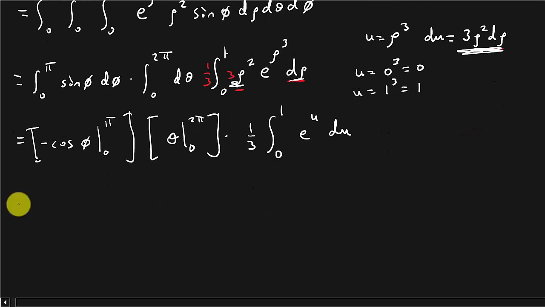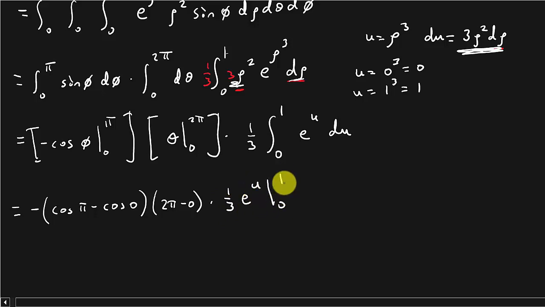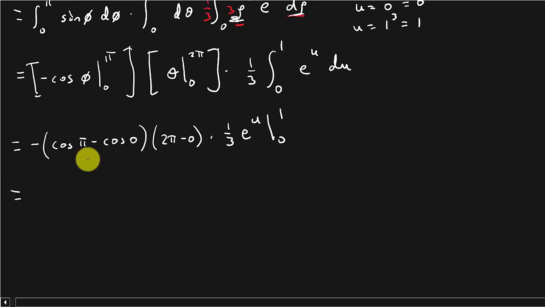And so this is going to be negative cosine pi minus cosine 0 times 2 pi minus 0, I'm just evaluating these, times 1/3 e to the u from 0 to 1. And so that's negative 1 minus 1, which is negative 2, times negative 1 is positive 2.